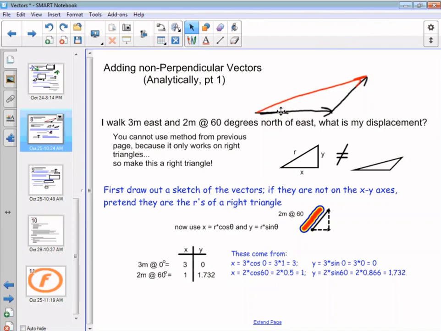That doesn't mean I can't make it into a right triangle. You say, what? If I were to take this guy here and break it down into the X piece and the Y piece, then all of a sudden, maybe I do have a right triangle. You say, oh, physics. Yeah. How do I break it down into the X and Y piece? I use trig, sine and cosine.